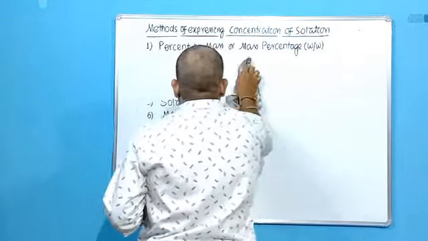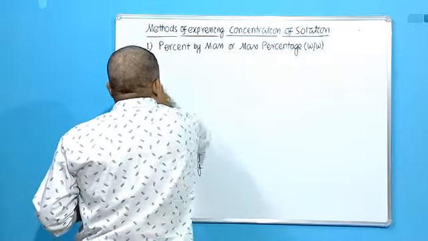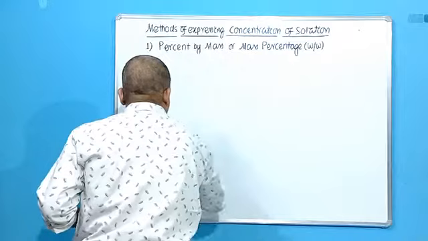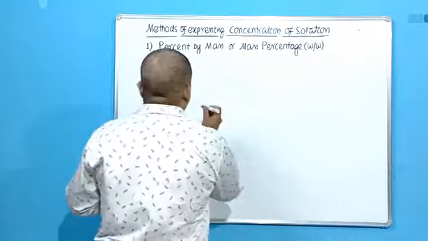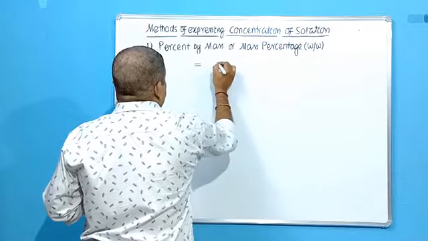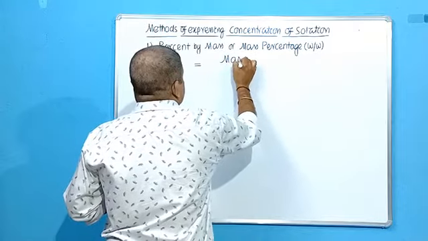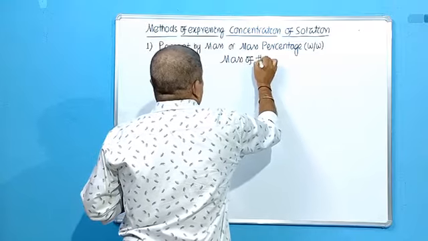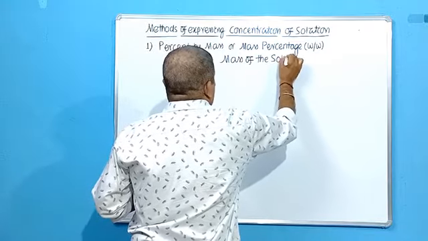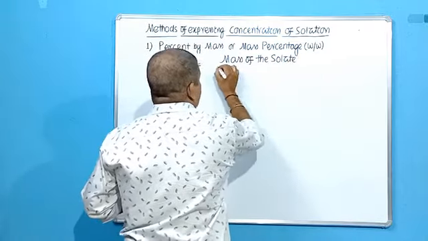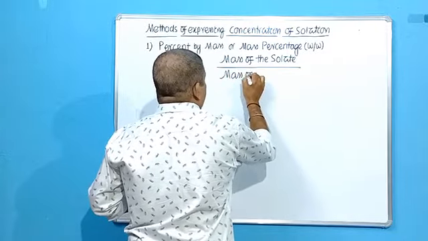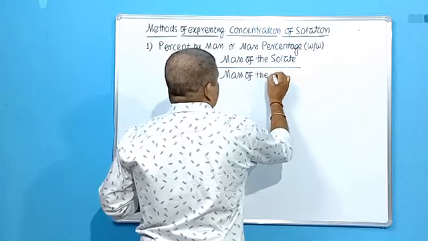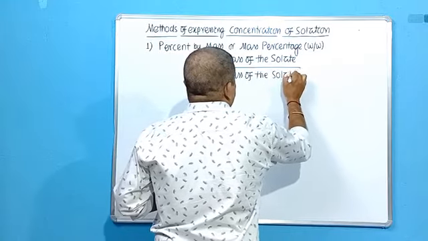So let us know what that is. Percent by mass is equal to mass of the solute divided by mass of the solution.